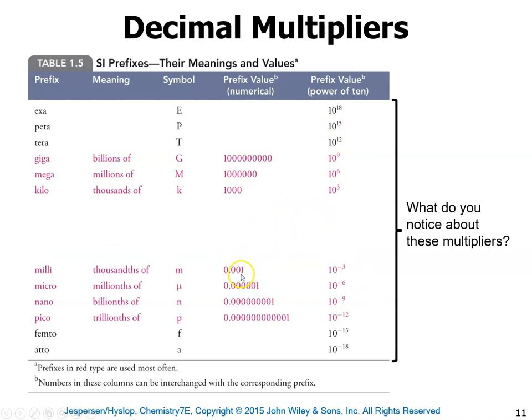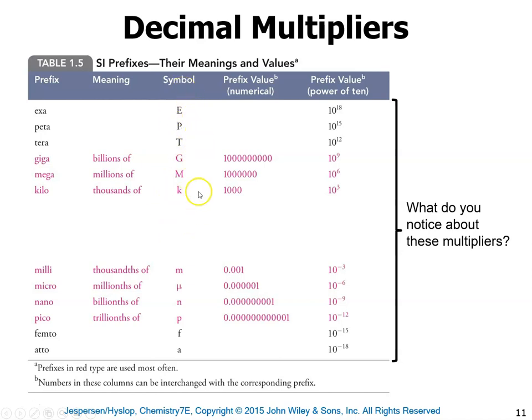So we'll move by basically in the thousands. We'll move them in groups of three, and these are the most common. So milli, micro, nano, pico, these are the most common when we get smaller. When we get bigger, kilo, mega, giga, which I'm sure you've heard in terms of bytes, terabytes, petabytes, exabytes.